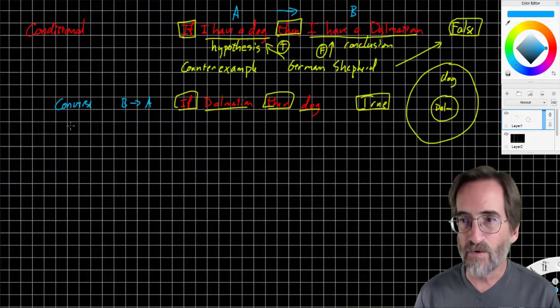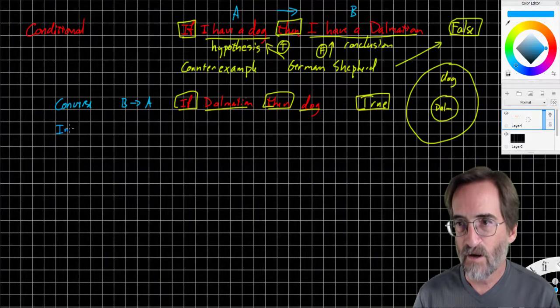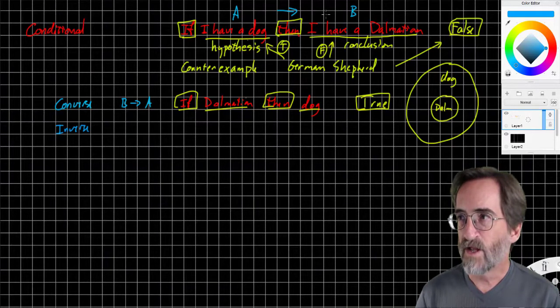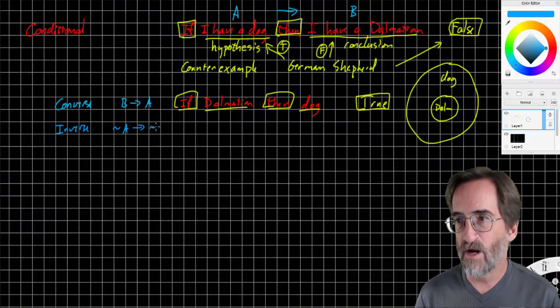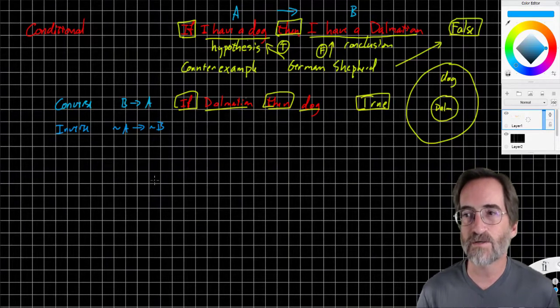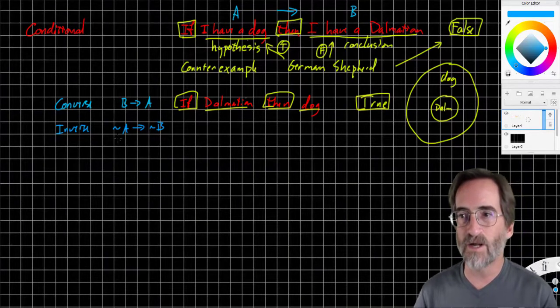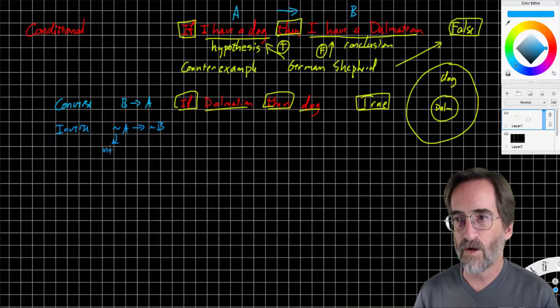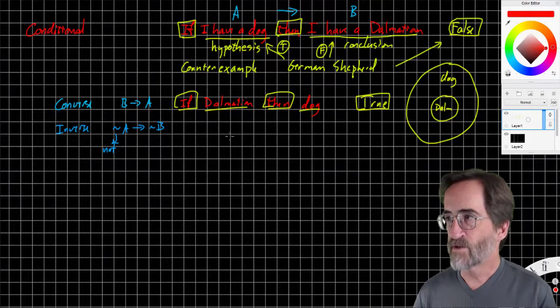Then we have the word inverse. Okay, the inverse of A implies B is not A implies not B, and I'm using the tilde character to indicate not. This is the word not A. So here's what the statement looks like.